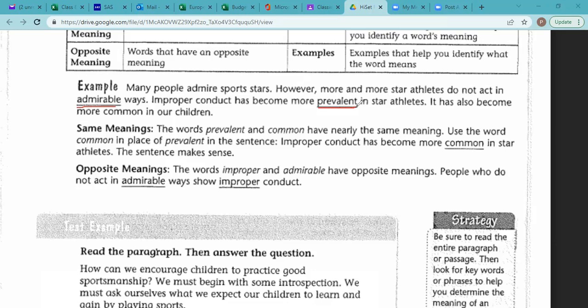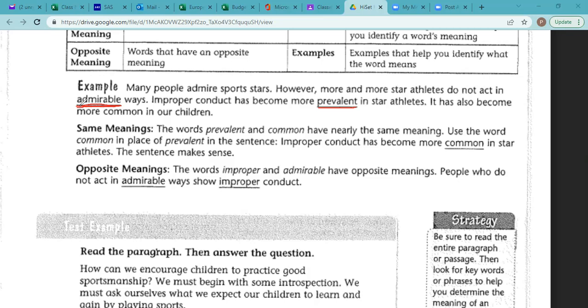All right. So if we're looking for a definition, or to know what admirable means, I could read the sentence again. More and more star athletes do not act admirable. So we're saying something about athletes not doing something, and it doesn't sound like something very nice.